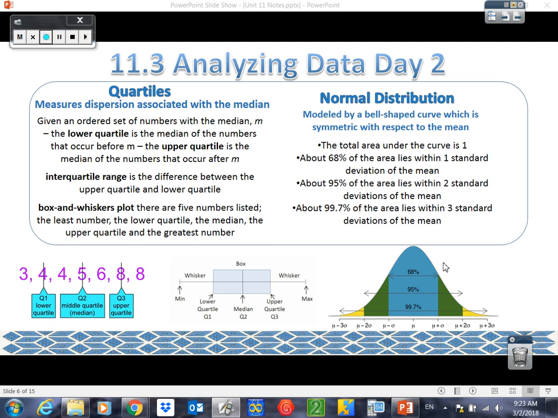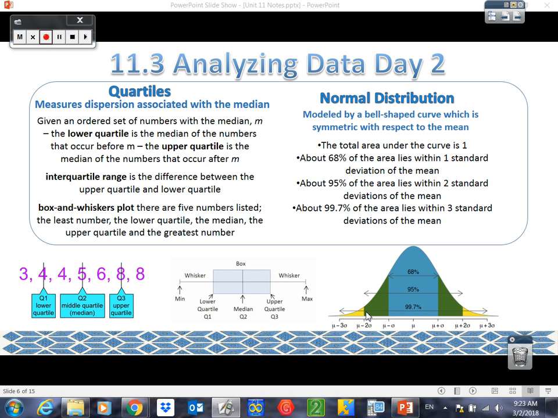Say we are taking information from a population of people, and we say that this information has a normal distribution. Then we could say that 68% of the people that we did this study on were blank, whatever the study is. So this is how we could use this information.